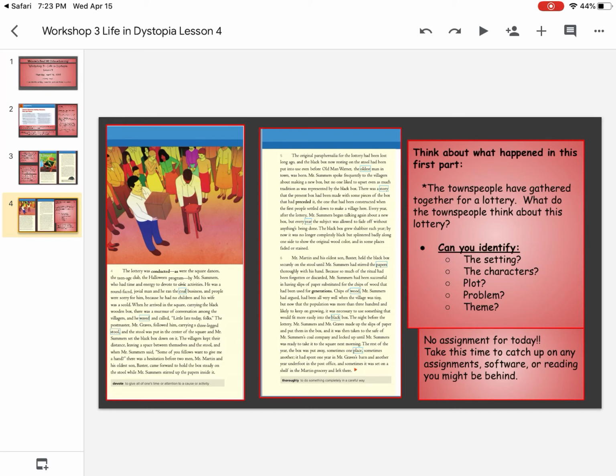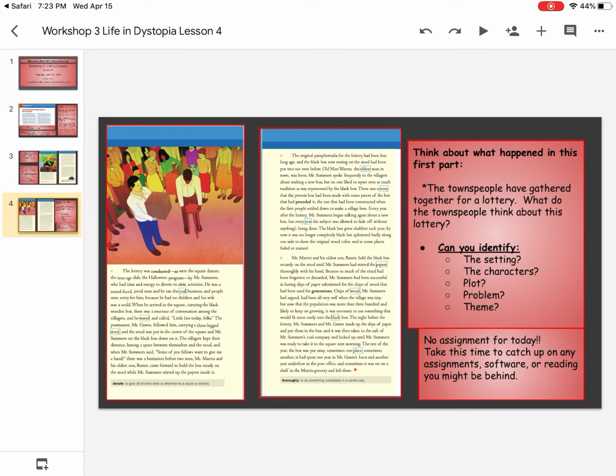When he arrived in the square carrying the black wooden box, there was a murmur of conversation among the villagers, and he waved and called, "Little late today, folks." The postmaster, Mr. Graves, followed him, carrying a three-legged stool, and the stool was put in the corner of the square, and Mr. Summers set the black box down on it.